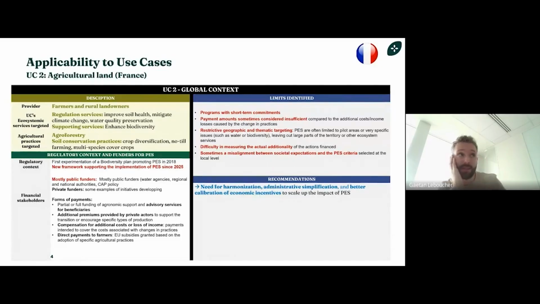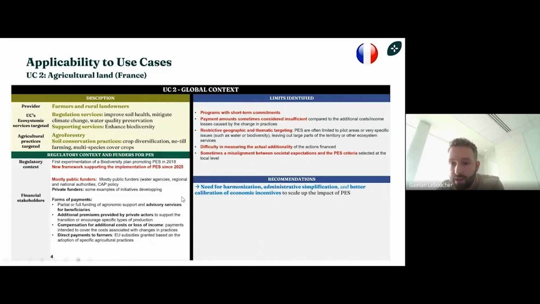So we expect this to promote the development of PES, but most of the financial stakeholders are still public funders. So the idea would be to target private funds too. We have some examples here in France, but they are still pilot projects or initiatives, but it's developing.